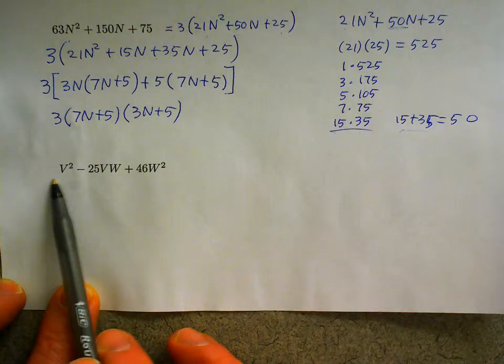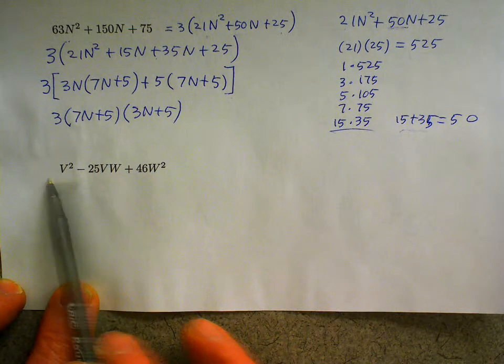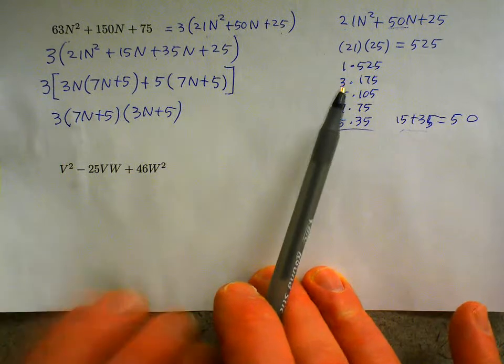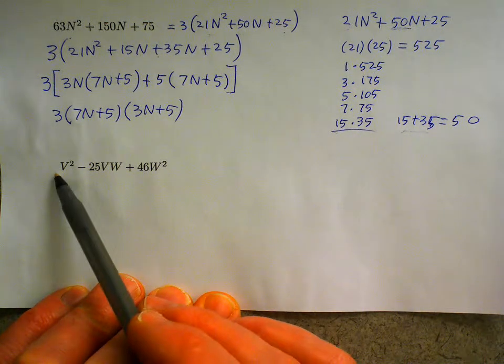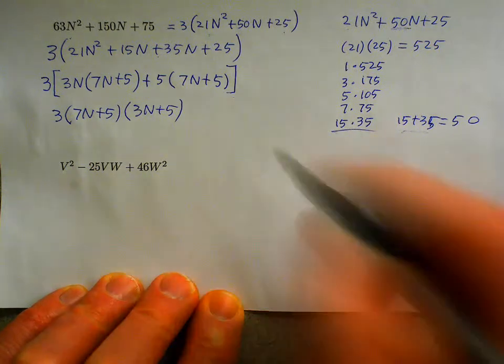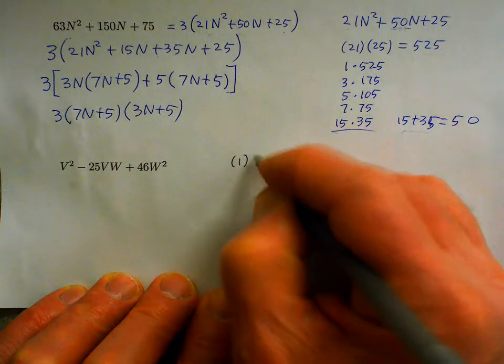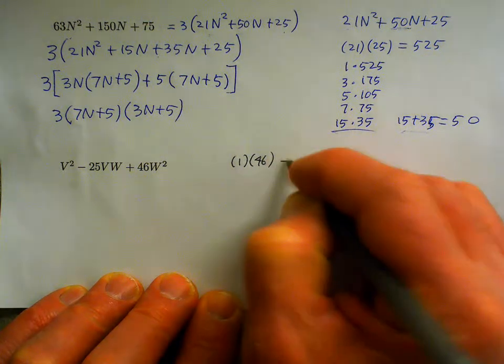The greatest common factor of all three terms is 1. So we'll try the AC method. We just multiply the coefficients. 1 times 46 is 46.